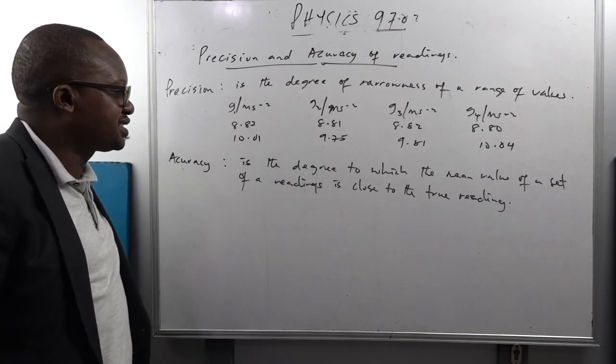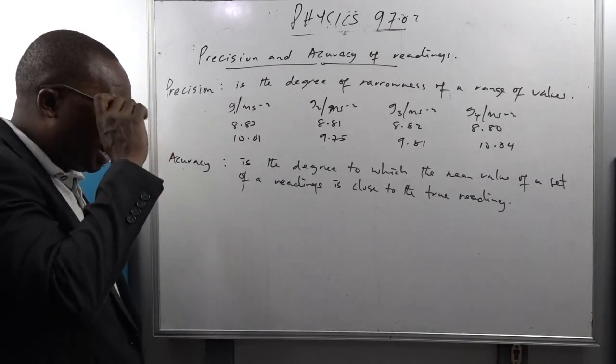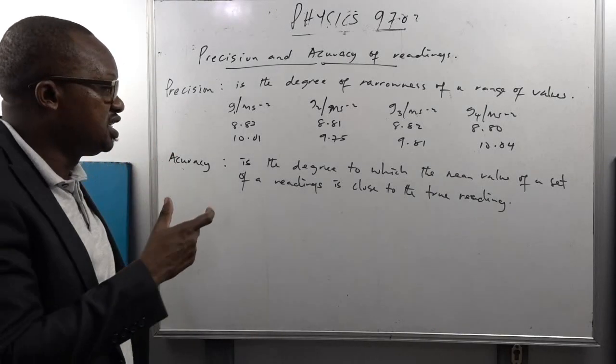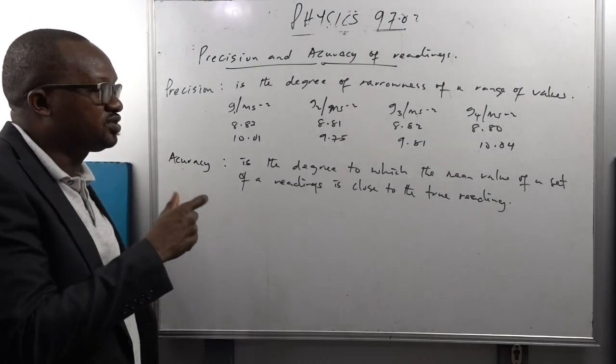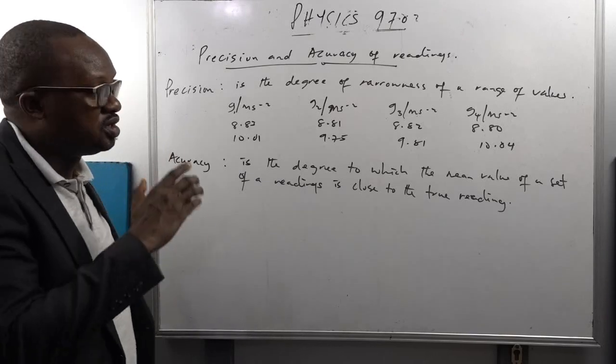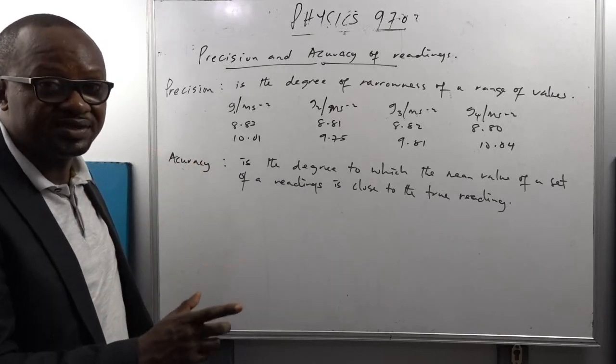Which means that in accuracy, I'm looking at how close the mean value of the set of readings is to the true reading. So in accuracy, you have to know the true reading.